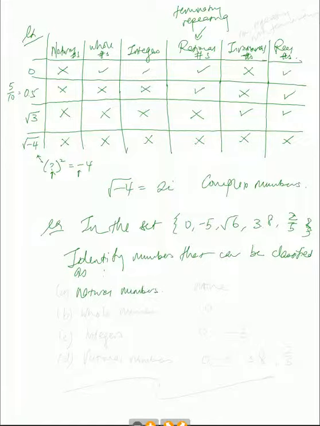So you look into the list, okay, who is natural? 0 is not, -5 is not. Who is natural? None. I don't have anything that's natural.